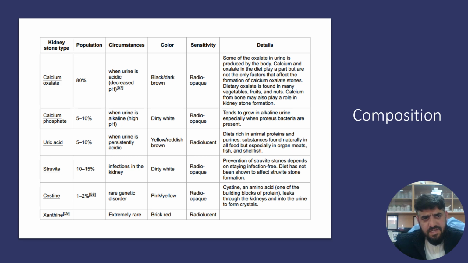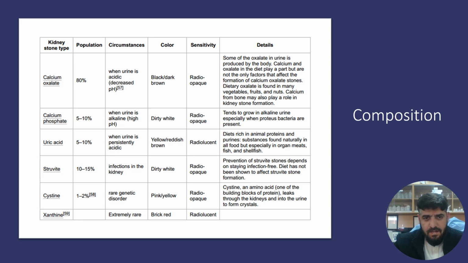This table represents different types of the renal stones, their frequency in the population, the circumstances in which these stones develop, and their physical and chemical characteristics. So as the table indicates, calcium oxalate is the most frequent, and the circumstances in which a calcium oxalate stone is formed is when the urine is acidic.